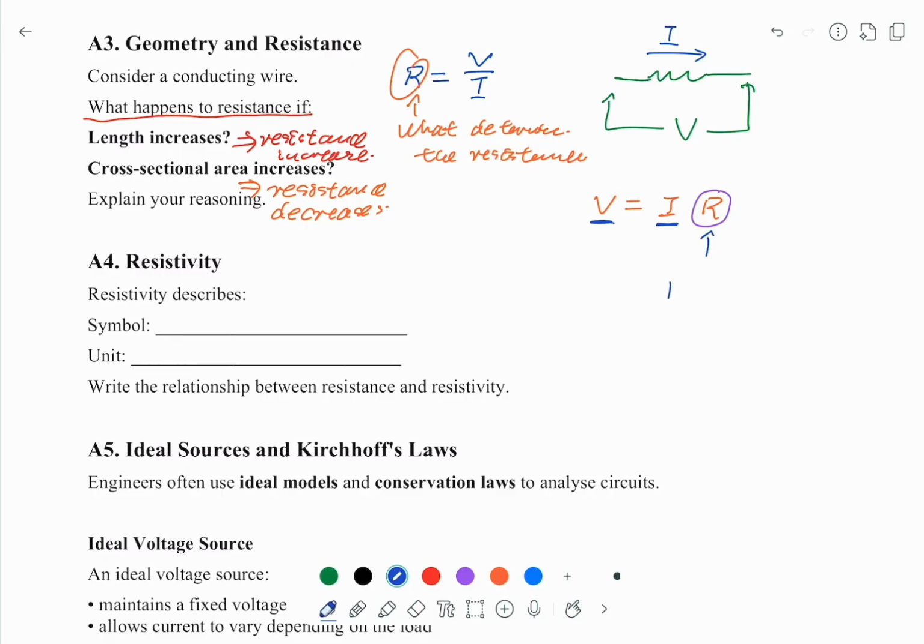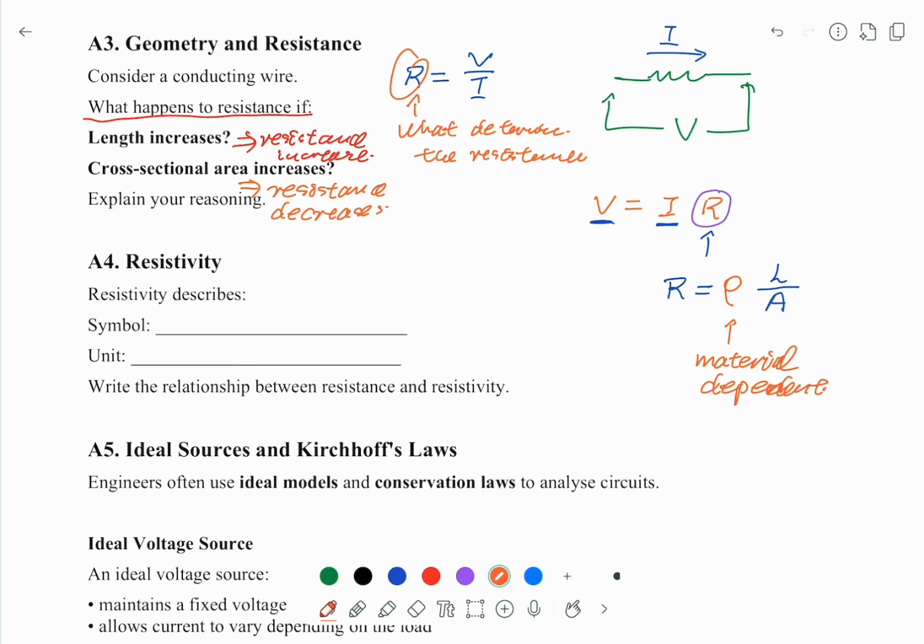R is proportional to the length of the material and inversely proportional to the cross-section of the material. The proportional constant is called resistivity, and this one is material dependent.